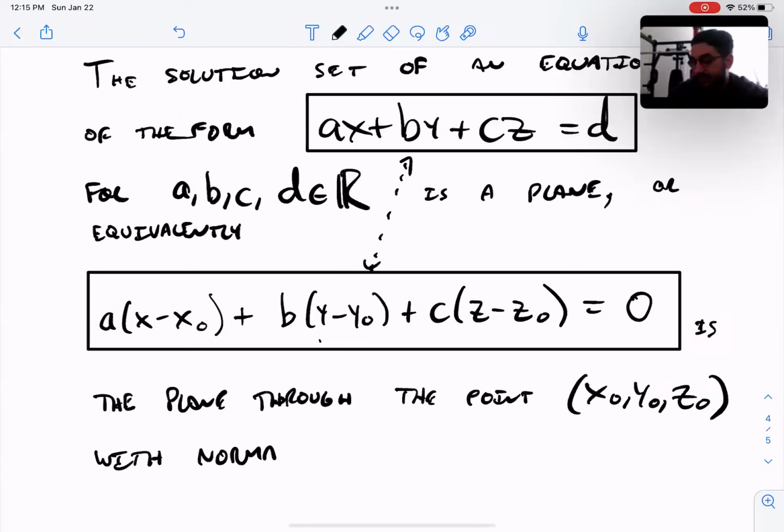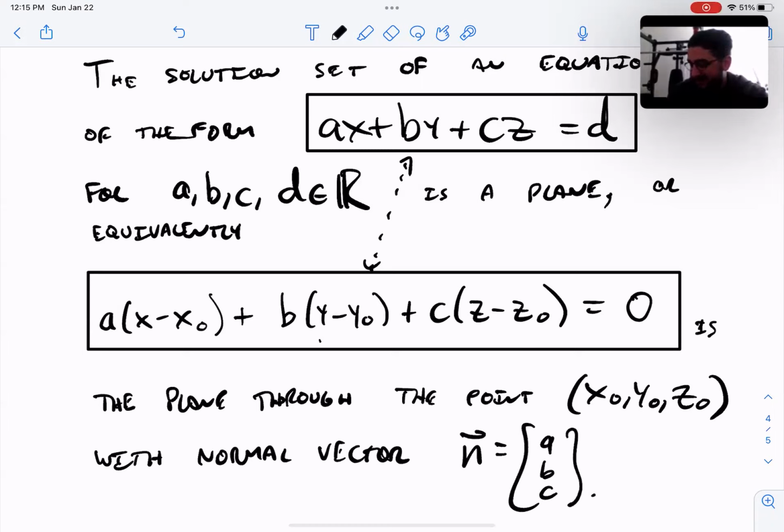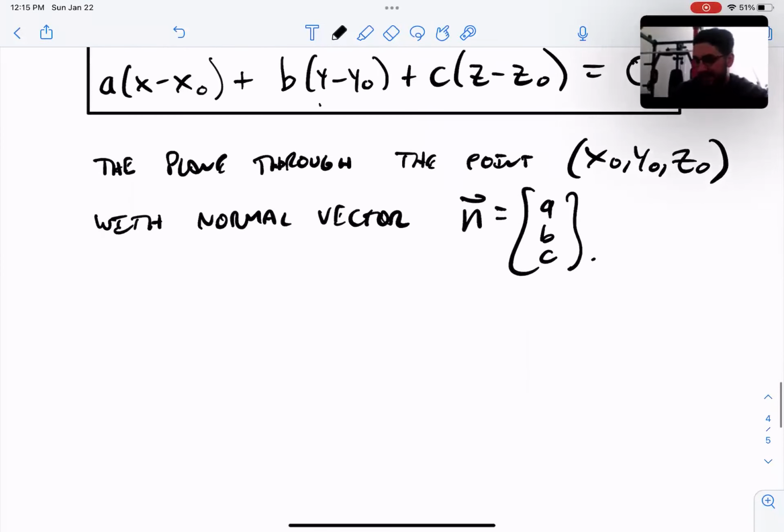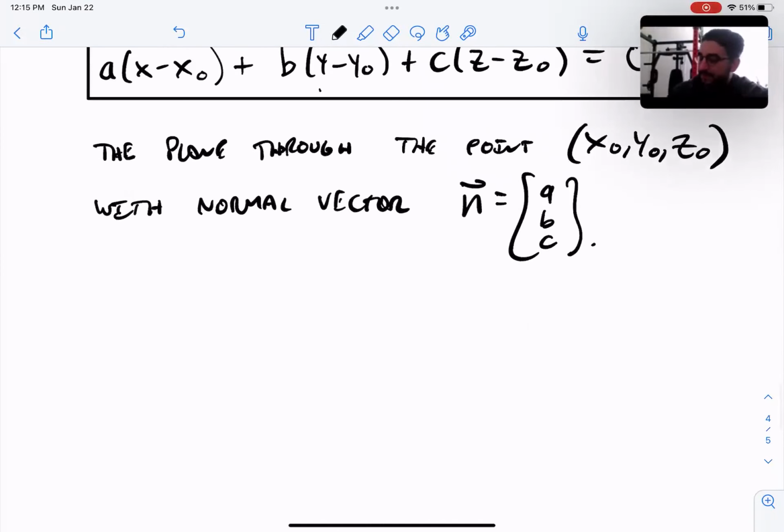But it has normal vector, and we'll talk about what exactly that means in a second, ABC, right? This is a normal vector to the plane. So what does normal vector mean? Normal vector means the vector that's perfectly perpendicular to the direction that the plane is going. So you can think about the xy plane, the normal vector would be pointing straight up or straight down, right?